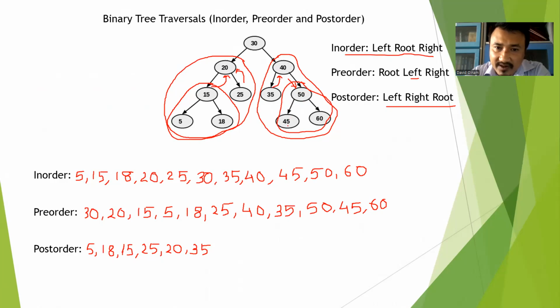And 45 has no more subtree. 45 is a leaf node. So directly you can write 45. So the left part is completed for this tree. Then right is 60. So you have to write 60 here.